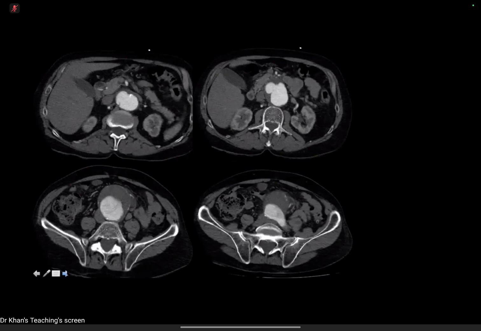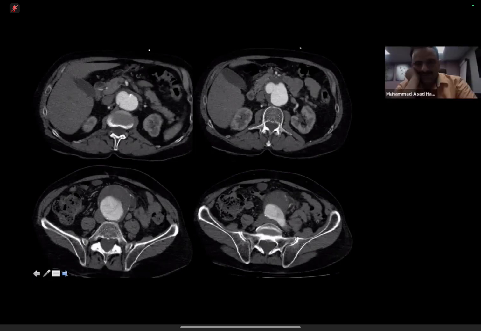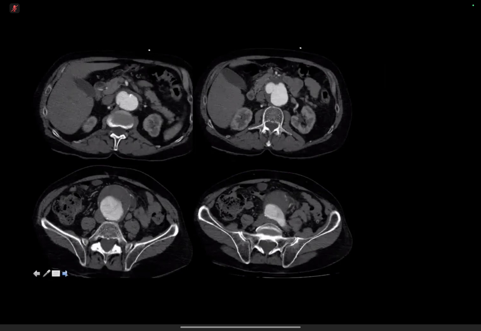Which image? In the bottom image. That is just a normal vessel, it's not extravasation. Okay. So there's a peripheral rim of calcification, and there are some areas of circulation within the aneurysm.